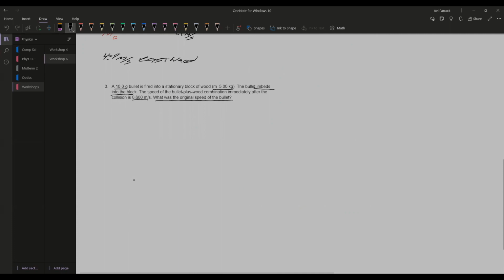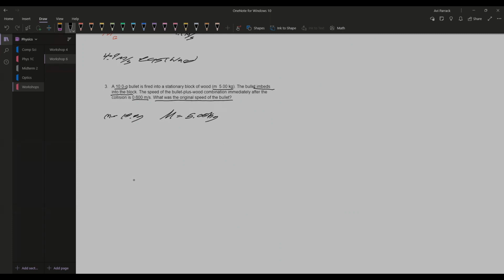So the bullet is fired into a stationary block of wood. The bullet is a mass of 10 grams. m equals 10 grams. And the wood block, I'm going to call that big M, and I'm going to say that's 5 kilograms.